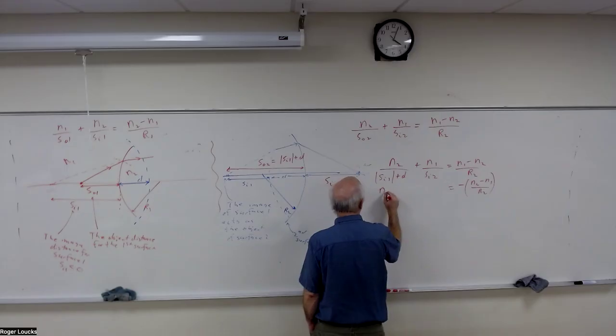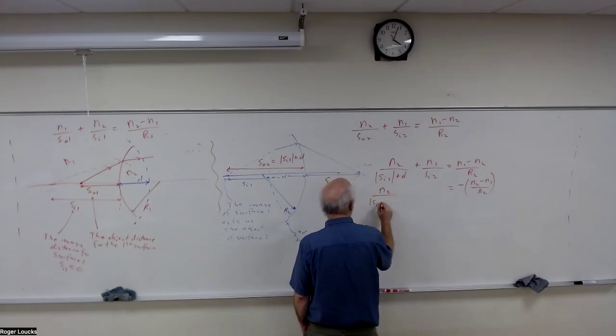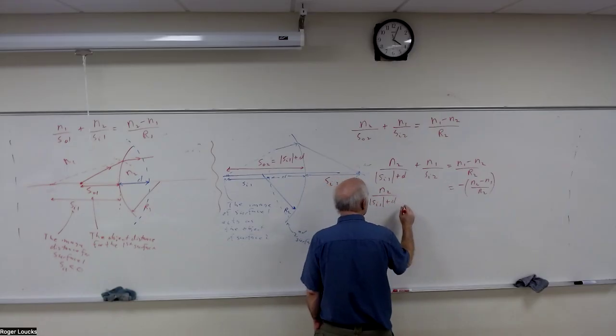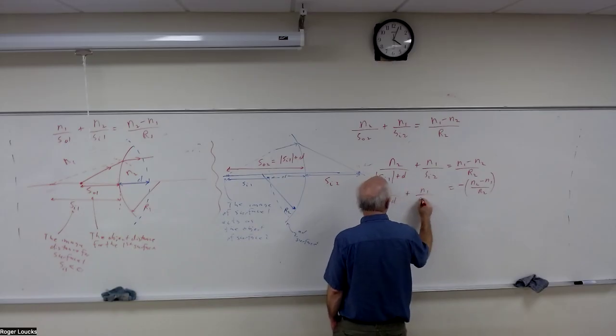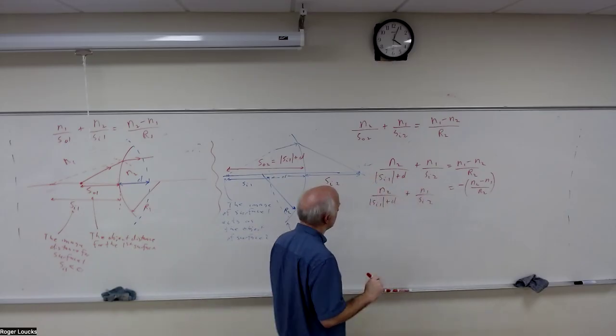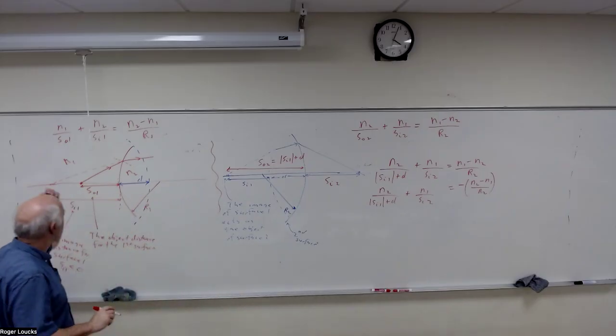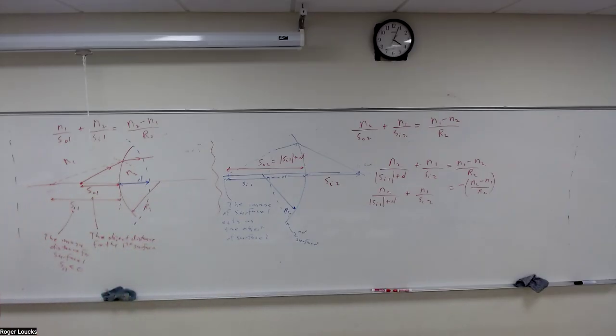So you get N2 over SI1 plus D, plus N1 over SI2, like that. I'm going to subtract these.